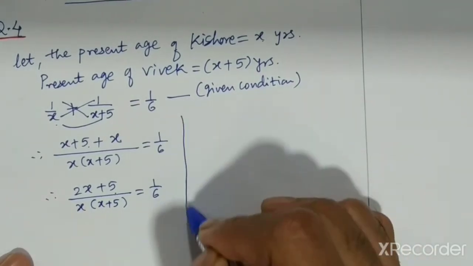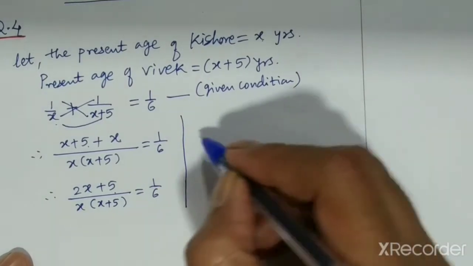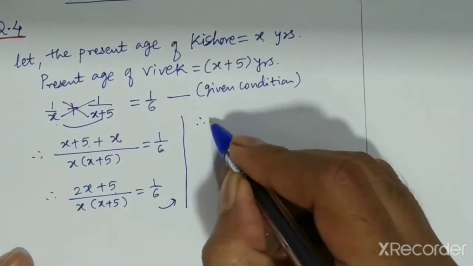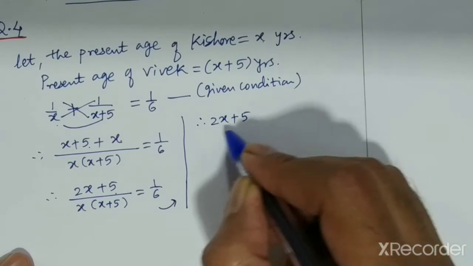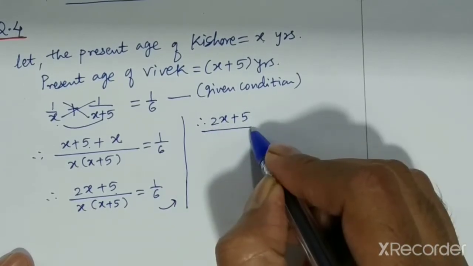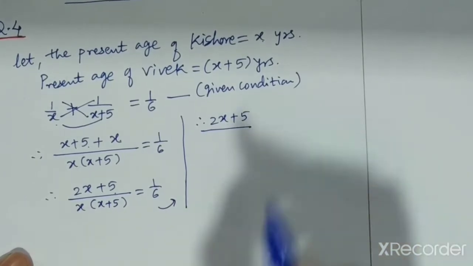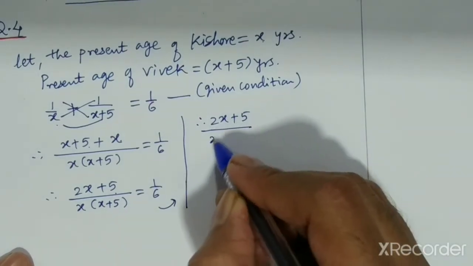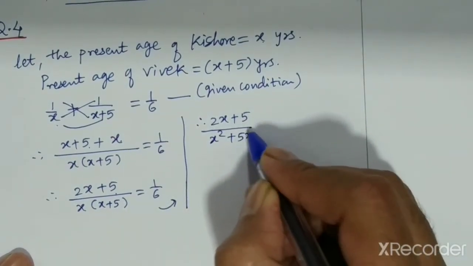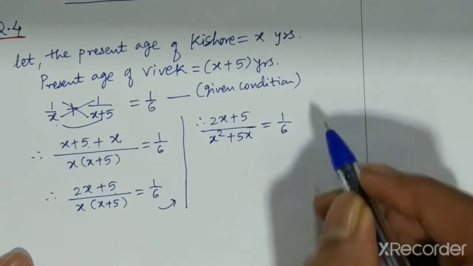Now I will solve here. Therefore 2x plus 5 upon x square plus 5x is equal to 1/6.